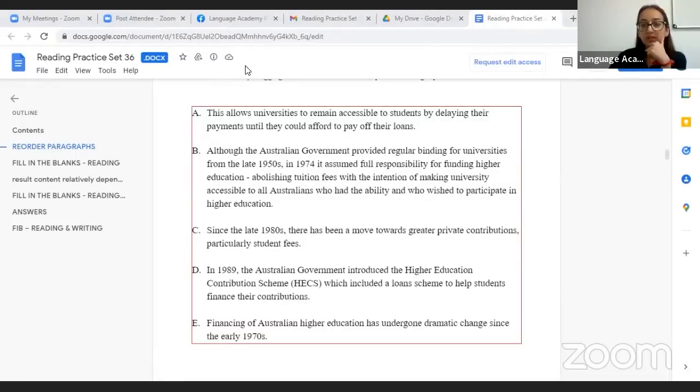Good, very well done. A lot of you have done it well. The first sentence was very clear. The most general sentence was E, and almost all of you have got it correct.